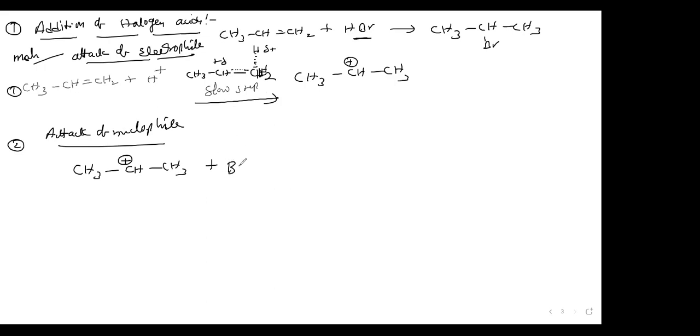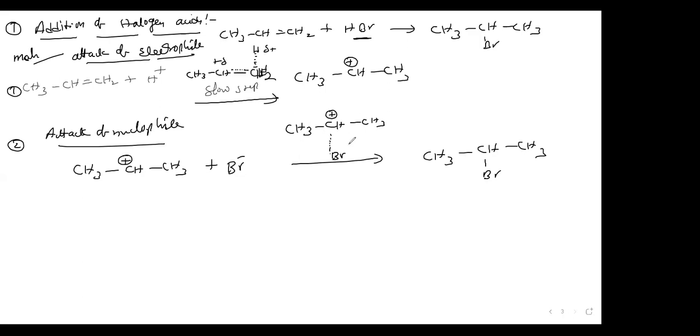That Br minus attacks on CH3, CHBr and CH3. Now, between the carbocation and Br minus, there will be a possibility of a complex. What is that? So CH3, CH plus CH3, Br minus will join to this one.